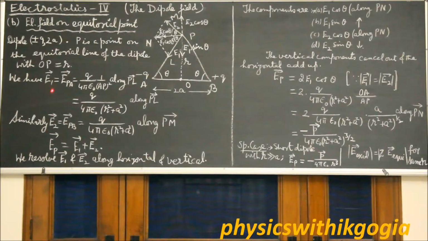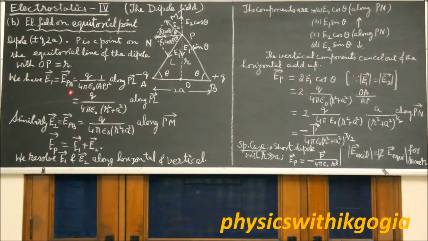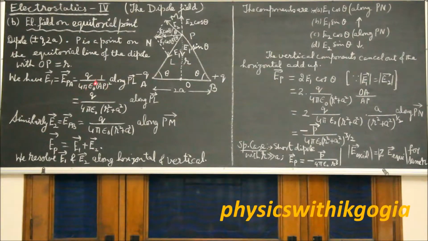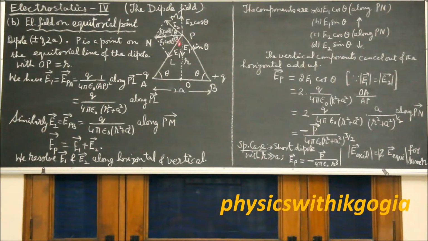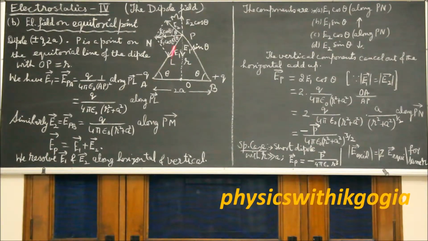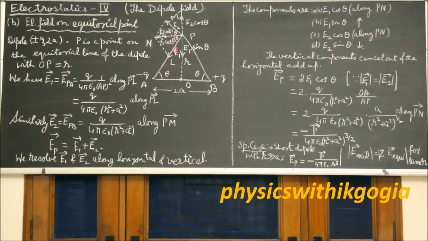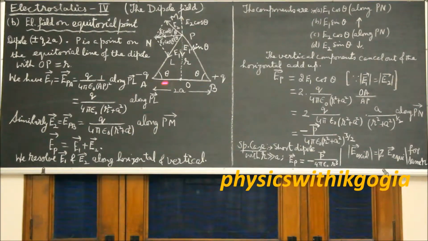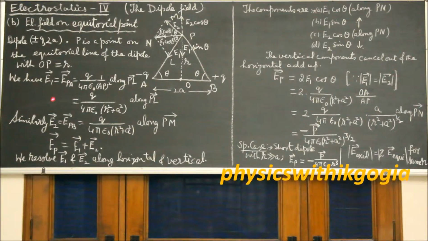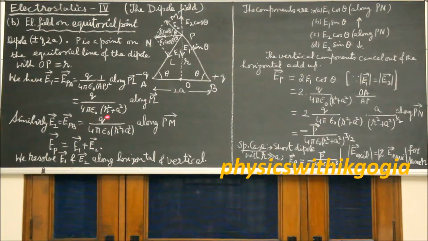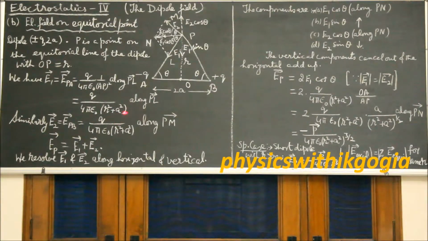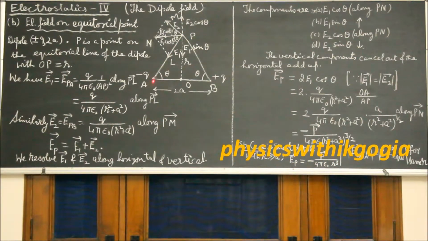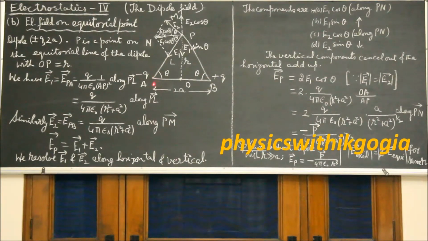So we have the field at P due to A. If we call it E1, it is q over 4 pi epsilon naught times 1 over the square of the distance, that is AP square. By Pythagoras theorem, AP square is r square plus a square. So the field E1 is q over 4 pi epsilon naught (r square plus a square) along PA, because it is directed towards the negative charge.